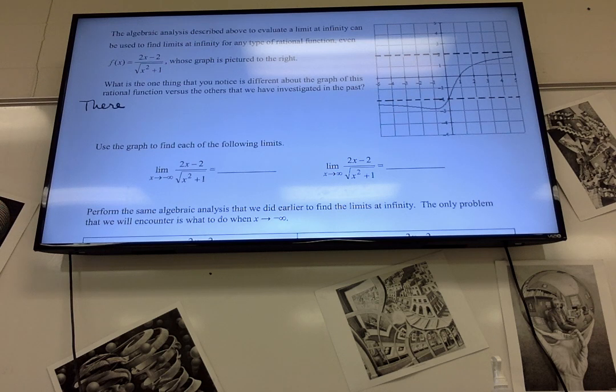So it says, what is the one thing that you notice is different about the graph of this rational function versus the graph of the others? There's two.